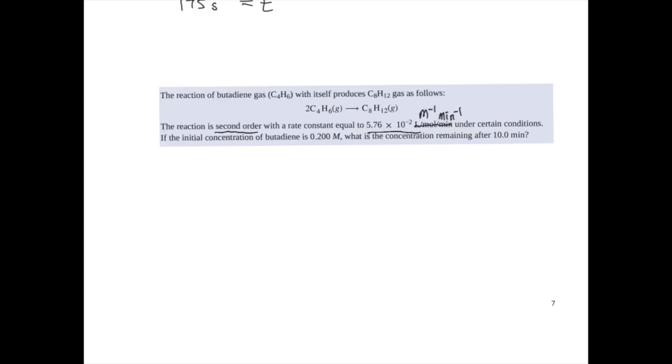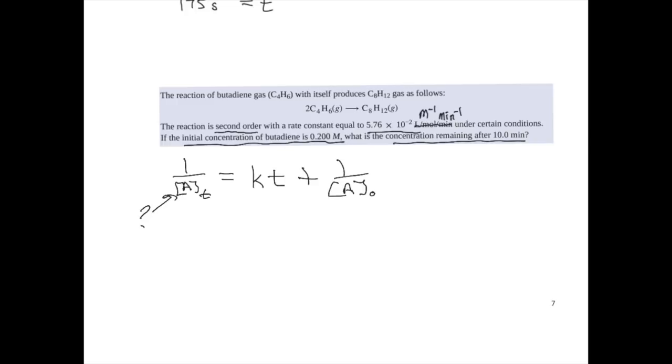So we need the second order equation, which is 1 over A sub t, where that's the concentration of A at any given time t, is equal to kt plus 1 over the concentration of A sub 0. That's your initial concentration. We know the initial concentration, but we don't know the concentration A sub t after 10 minutes. So let's solve for that. That's what we don't know, but we have everything else.